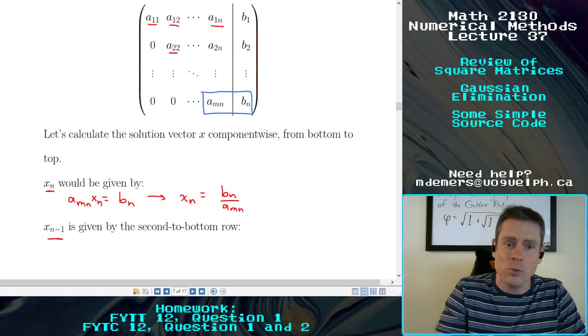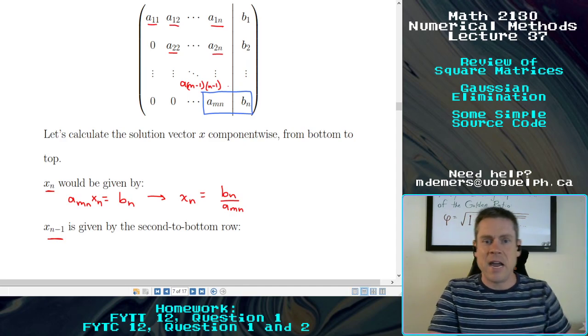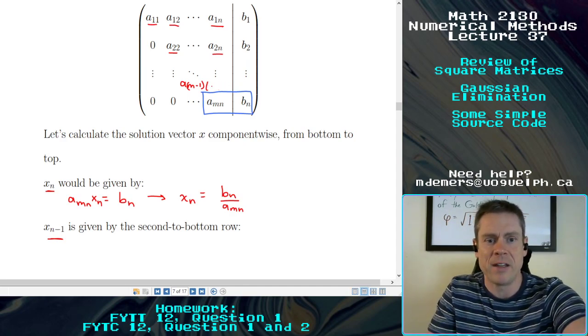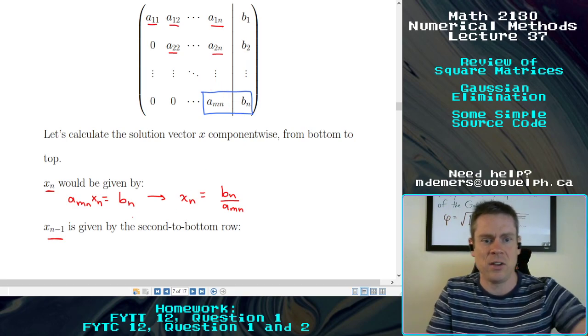The next row is A22 through A2n. The second to bottom row is going to involve a(m-1),(n-1), that's on the diagonal, and then the one right above it is going to be a(m-1),n. Right? So let's try to put that into place.